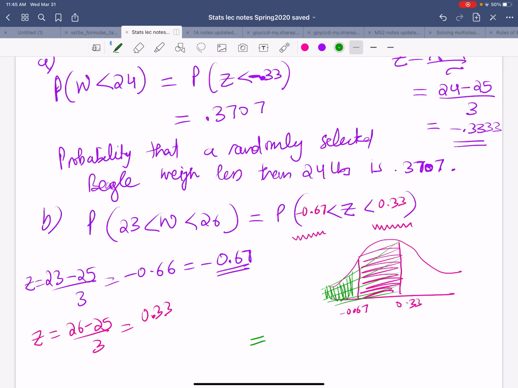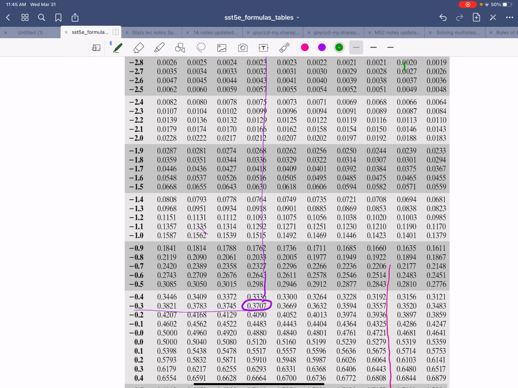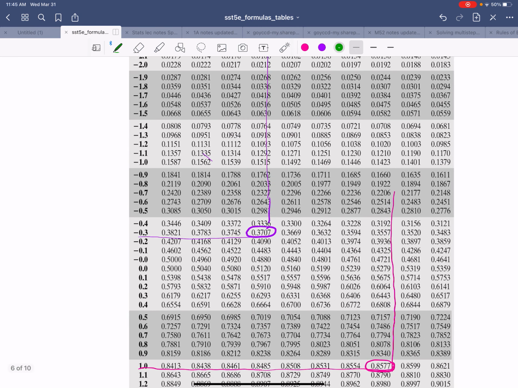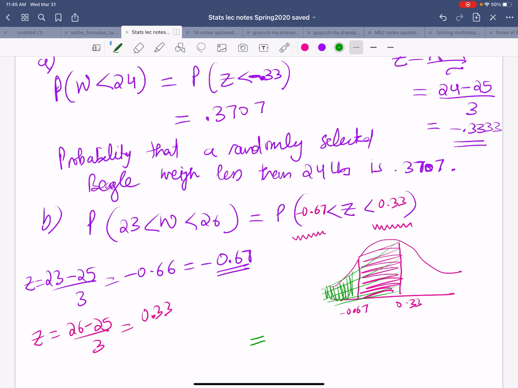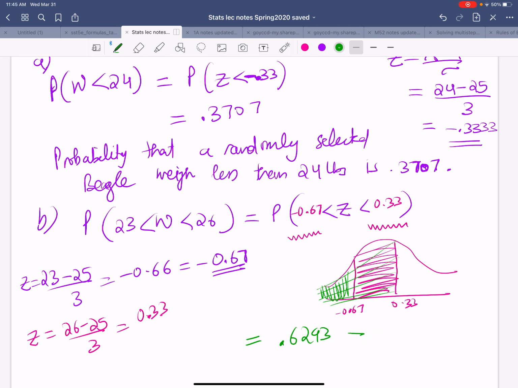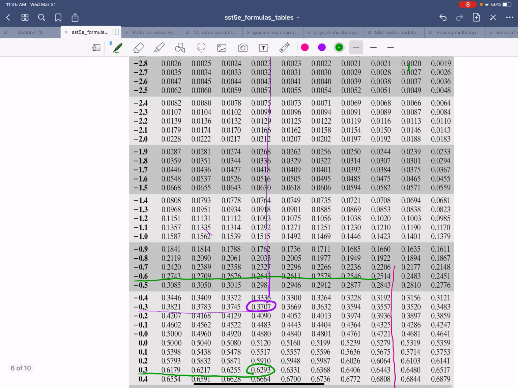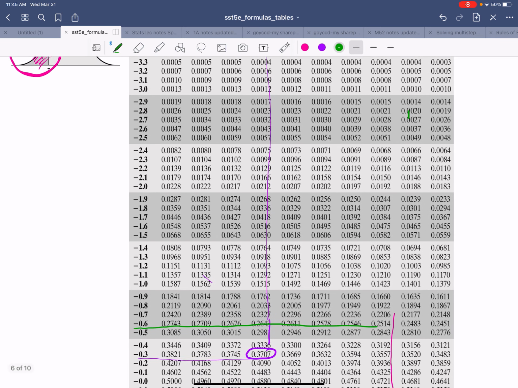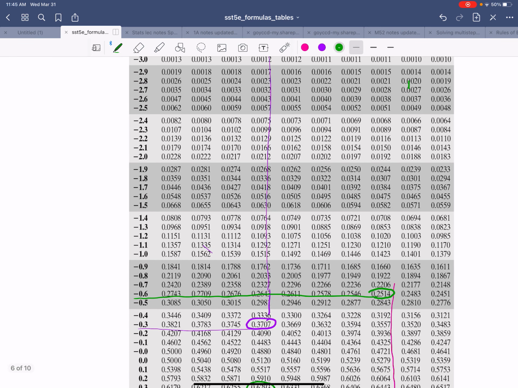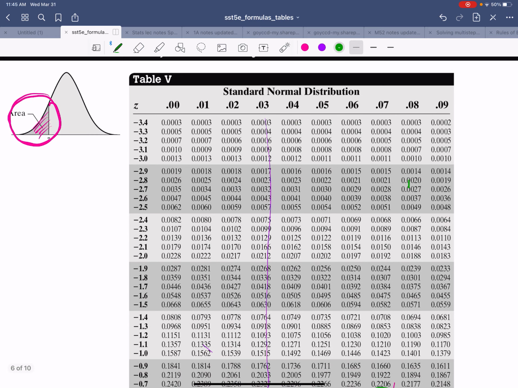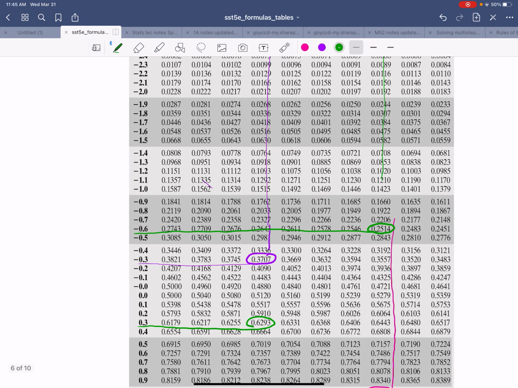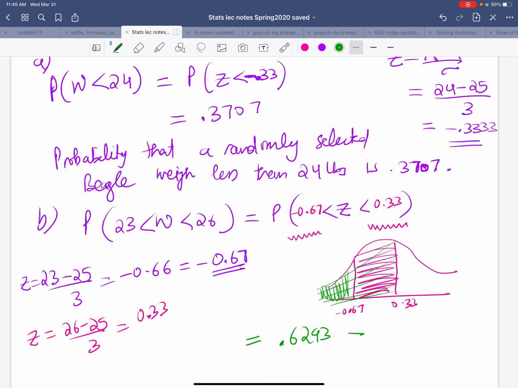Okay, the area to the left of 0.33 is 0.6293, and the area to the left of negative 0.67 is 0.2514.